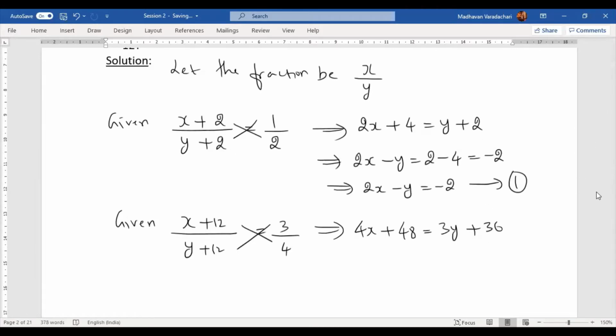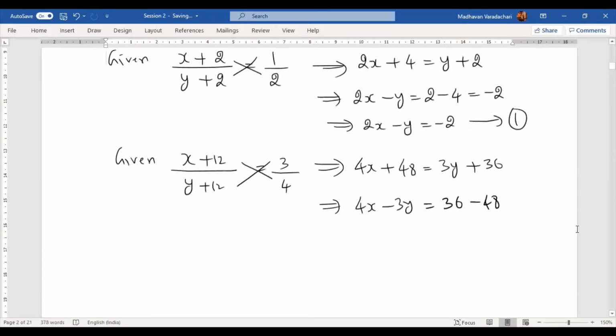So again, bringing all x and y to one side, 4x minus 3y is equal to 36 minus 48, which again can be rewritten as 4x minus 3y is equal to negative 12. Call this as equation 2. Now, to solve equations 1 and 2, I may notice here the coefficient is 2, here it is 4.